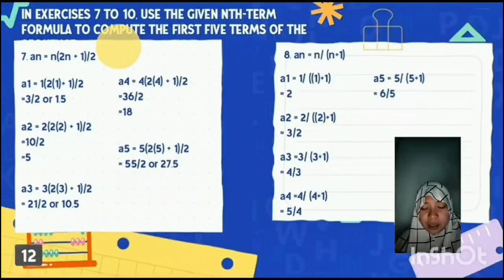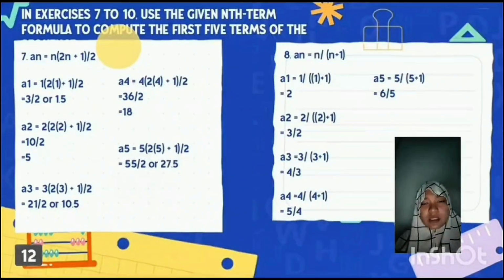We have here, 2 times 3 equals 6 plus 1, 7. Then, 7 times 3 equals 21. So, 21 divided by 2 cannot be siya. So, kaya naging 21 divided by 2 lang siya or 10.5.